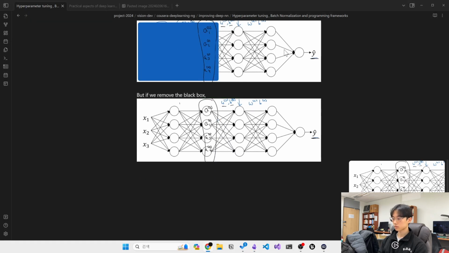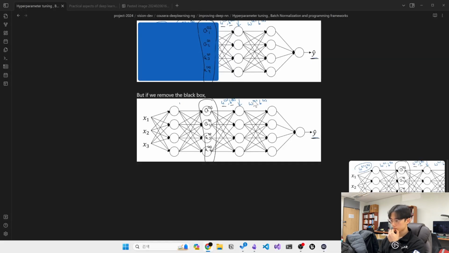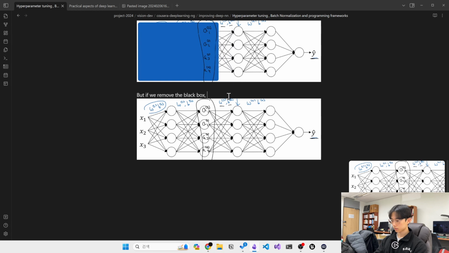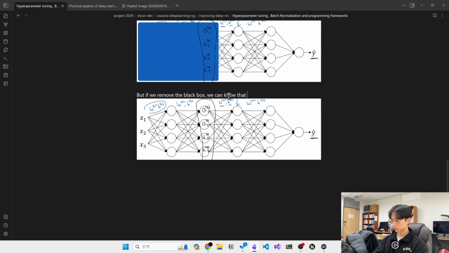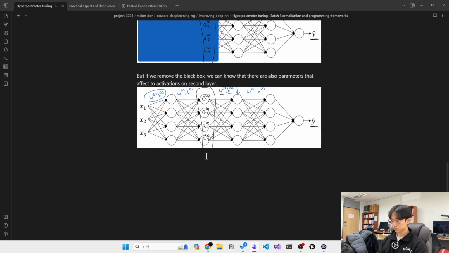And so as these parameters change, these values A2 will also change.